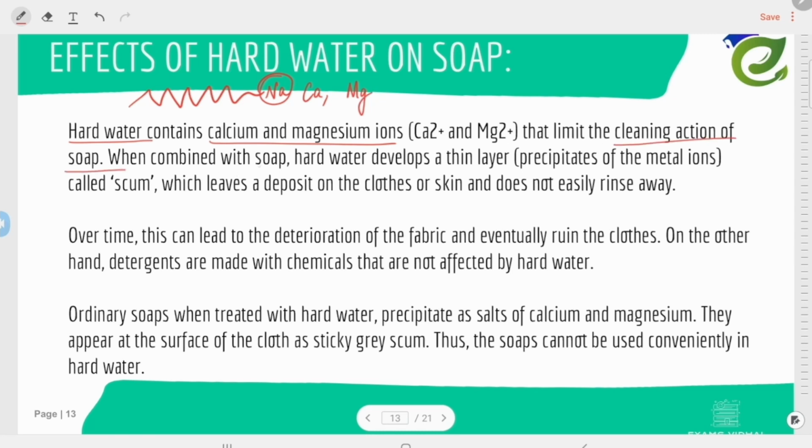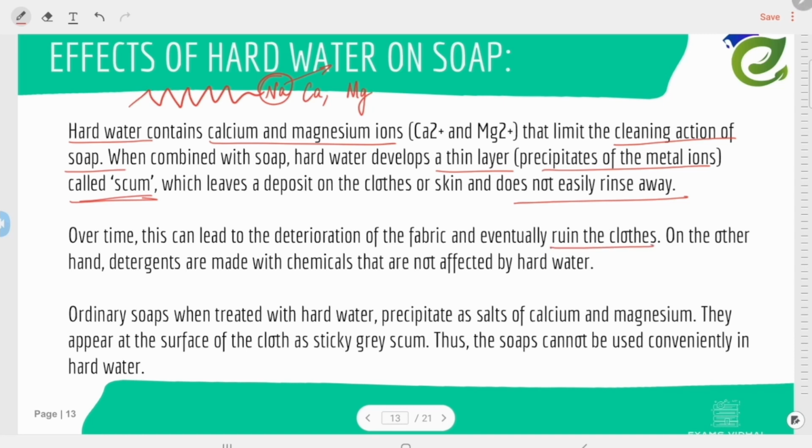When combined with soap, hard water develops a thin layer of precipitation of metal ions, called scum. Scum is grease-like and leaves a deposit on the clothes or skin and does not easily rinse away. Over time, this can lead to deterioration of the fabric, which may become old or get torn and eventually ruin the clothes.